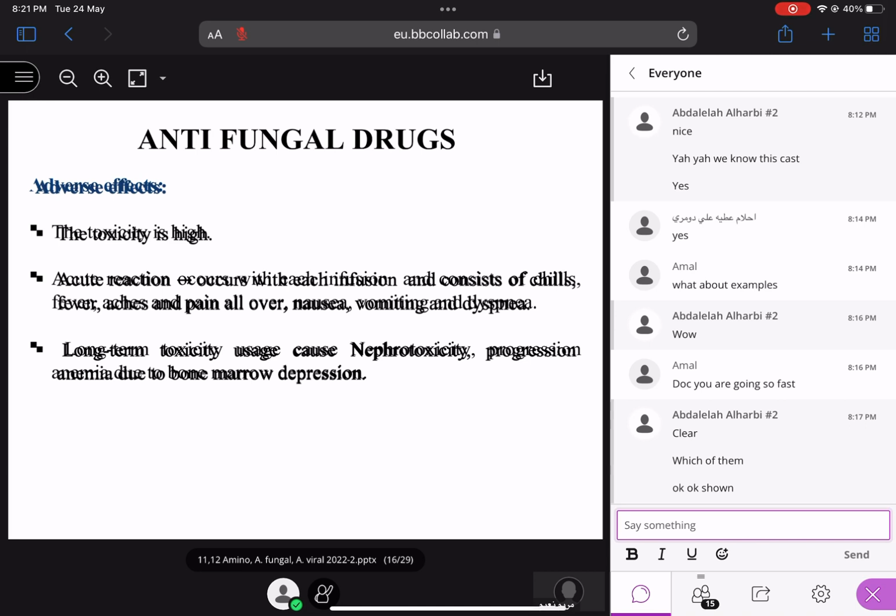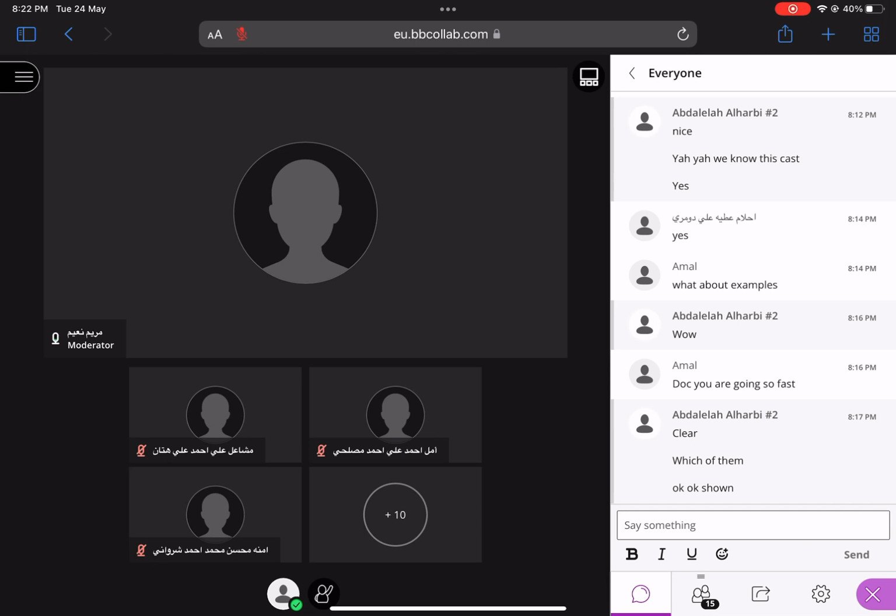What are the adverse effects? Okay, that is about the antiviral agents.